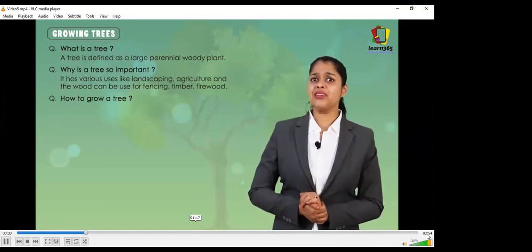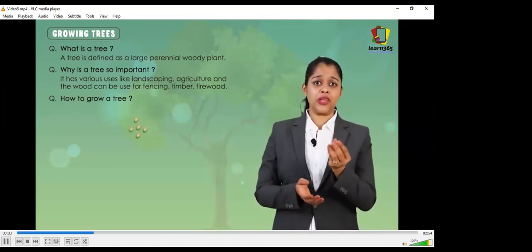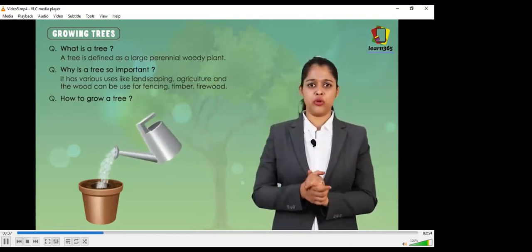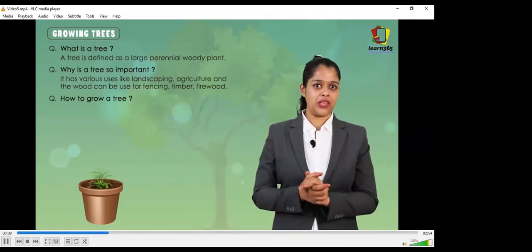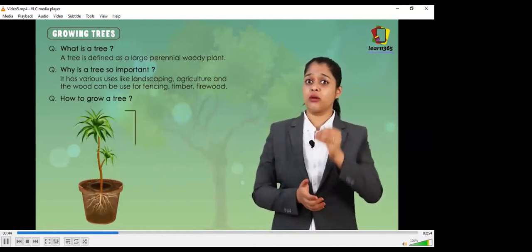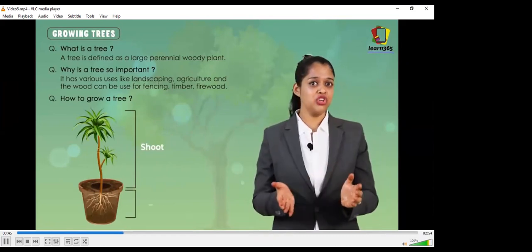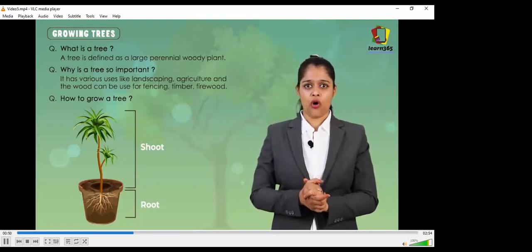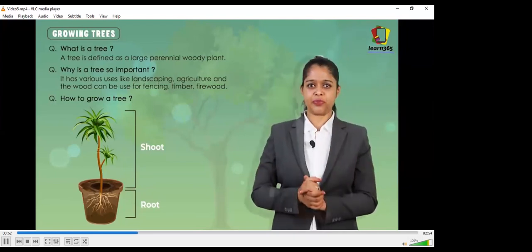When we were little kids, we used to take some chickpeas, place them in the cotton and see how they used to grow. Those chickpeas which turned into a seedling which had some shoot and some root. These seedlings are the beginning of growing a tree.